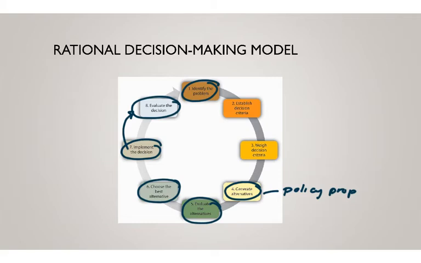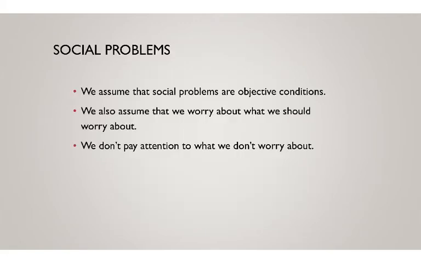Now, Deborah Stone, a political scientist, challenges this rational decision-making model. And she says it's not how the policy-making process actually works. Moreover, Deborah Stone argues that this rational, objective approach assumes that all social problems that are identified are objective conditions, and that we then just need to figure out how to measure them, and that this can all be done objectively.